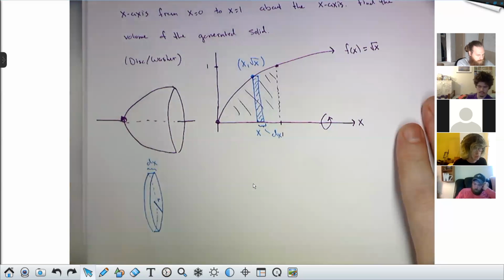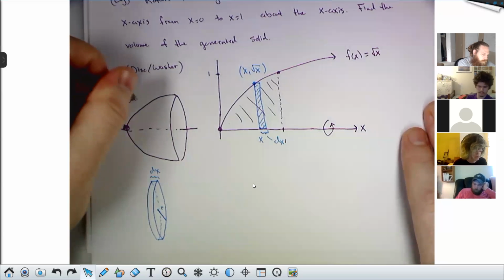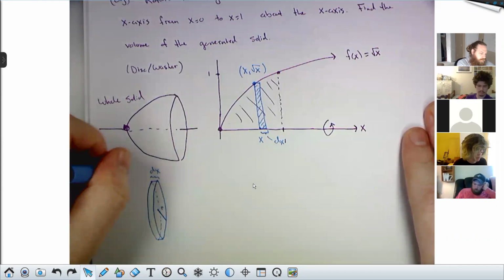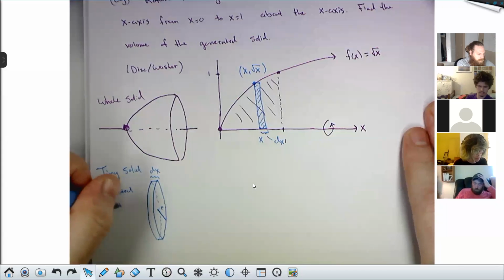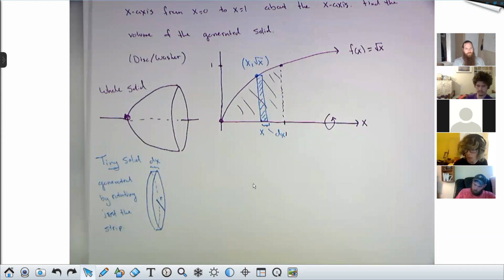So this is the whole solid, and this is the tiny solid generated by rotating just the strip. Yeah, ALP is a step ahead of us here.